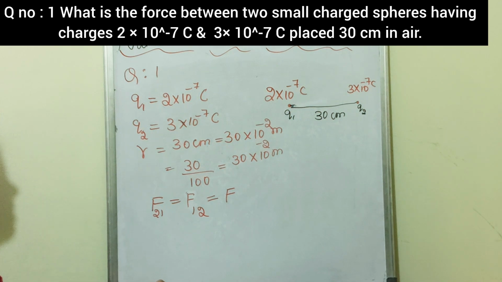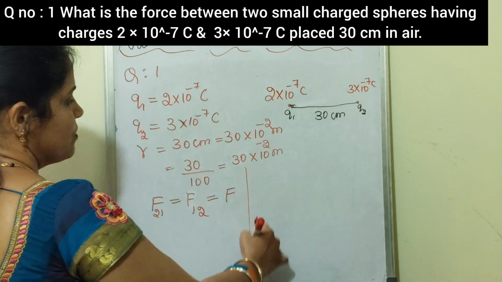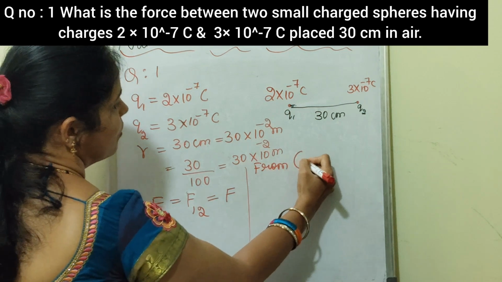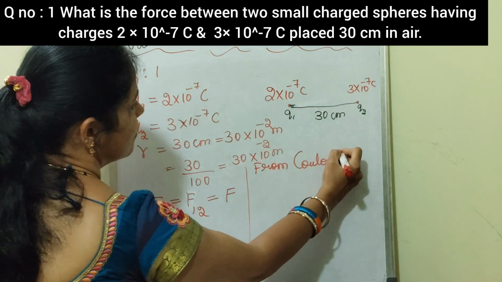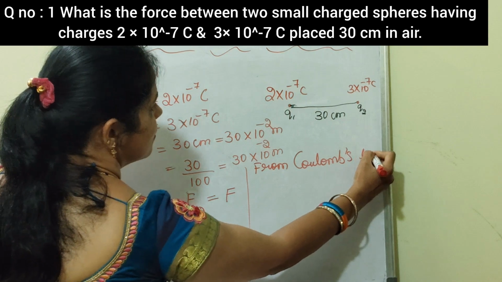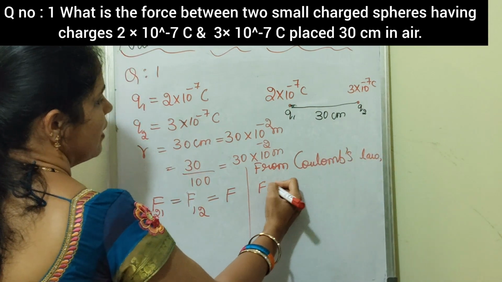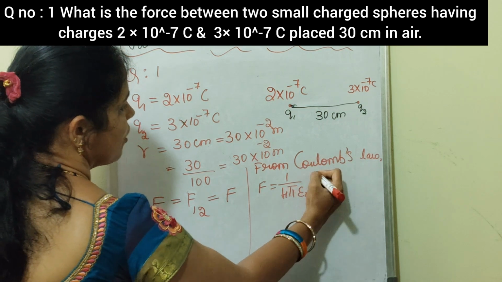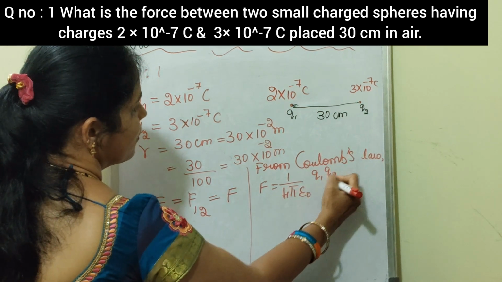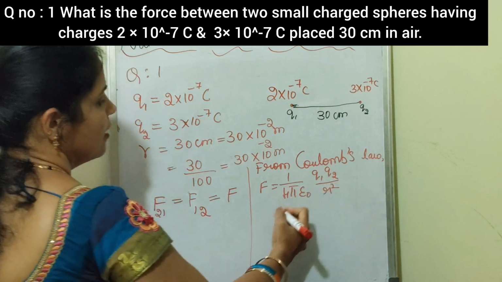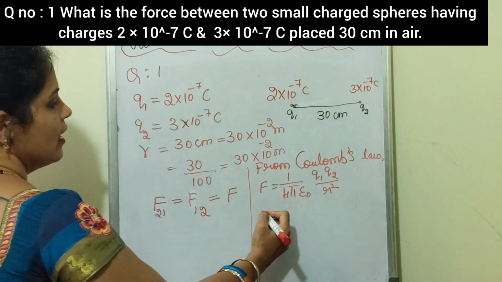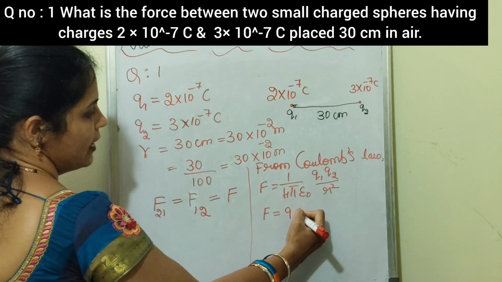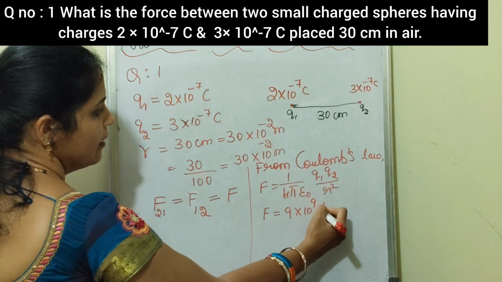Now let us use Coulomb's law. What is the formula? F is equal to 1 by 4 pi epsilon naught Q1 Q2 by R square. Let us substitute here. 1 by 4 pi epsilon naught is 9 into 10 to the power 9.